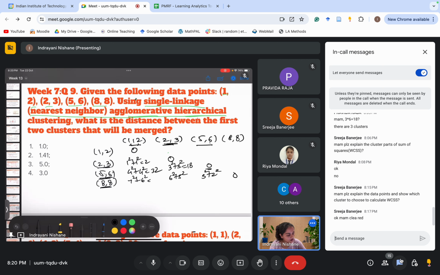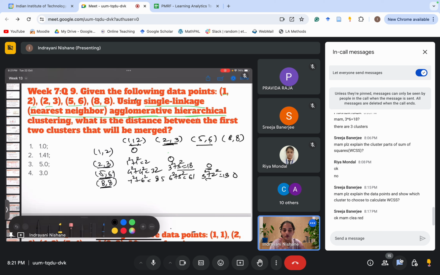So now out of all these values, 3 square plus 2 square is 9 plus 4, 13. This is 36 plus 25, 61. 49 plus 36 is 85.